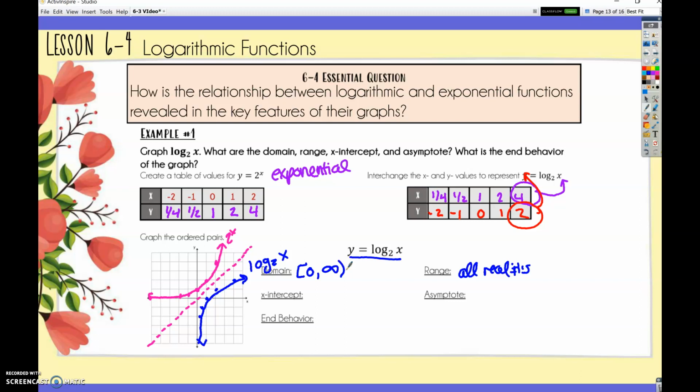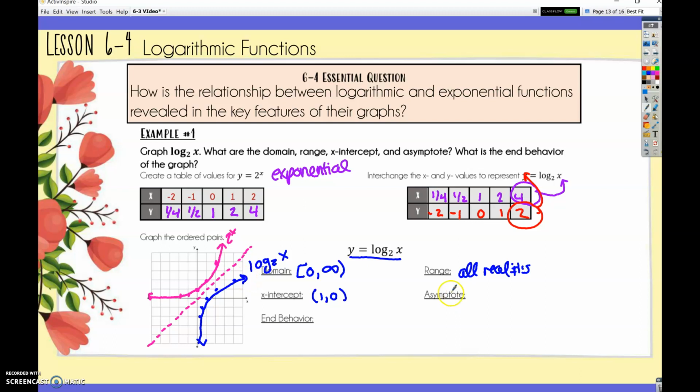The x-intercept, on this pink graph, we had no x-intercept. So we would look for our y-intercept, though. We know this coordinate is 0, 1. That was the y-intercept. Now that's our x-intercept at 1, 0. So the y-intercept on the pink became the x-intercept on the blue.